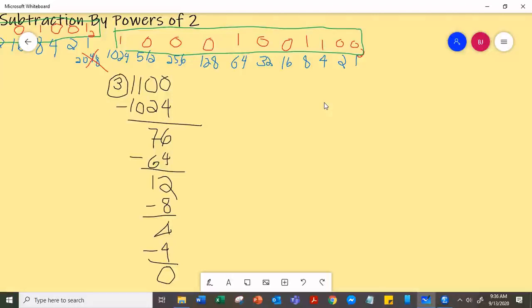So this is just like an FYI or another piece of information that you could use to convert decimal to binary. So this method is called continuous division by powers of 2. So instead of dividing by 2, we're going to use the powers of 2 as a way to divide the numbers. Okay.